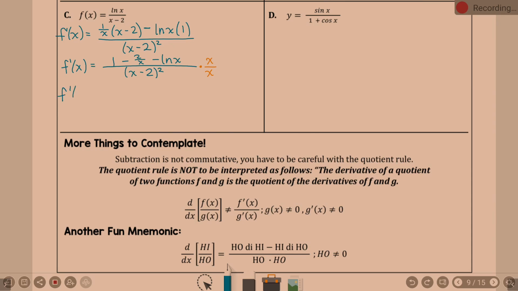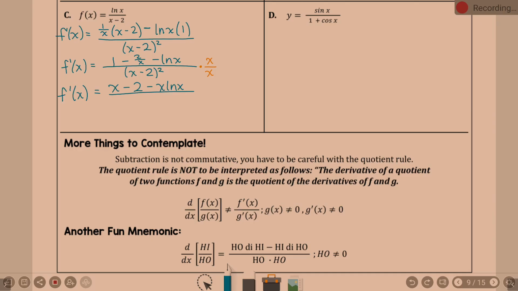On top, distribute that x through. Minus 2, minus x times natural log of x. Not natural log of x squared, that's illegal. It's x times natural log of x. That x cannot just magically be put into a natural log of x. It's separate.